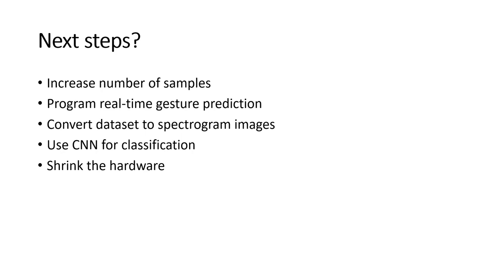And then the other thing I'm planning to do is to shrink the hardware. And obviously, probably many people on the call know that this is not a new space. There are devices like, for example, the Myo armband, which captures not only IMU data but also nerve impulses.